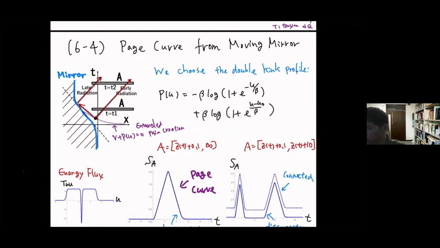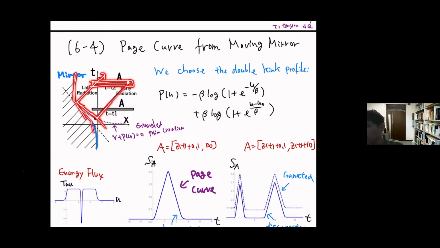We again have this entangled pair production along this curve. For this subsystem A, this pair contributes, and this pair also contributes, but at a later time. If we have some particle production, but because of this double kink profile, they are reflected back, right?